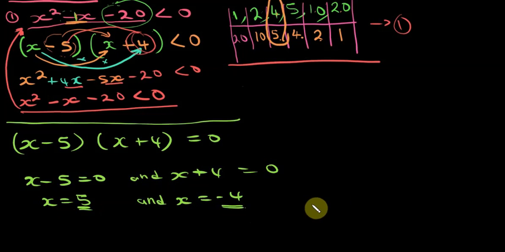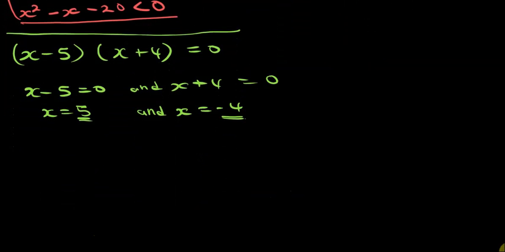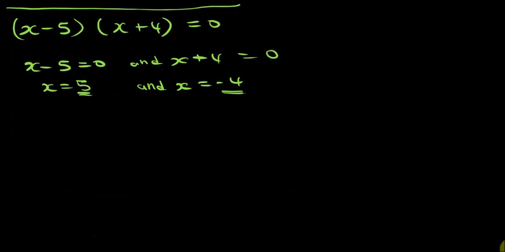Excellent. Nice stuff. So x is equal to minus 4 and x is equal to 5. These are the zeros for the given non-linear inequality. So we found our zeros.